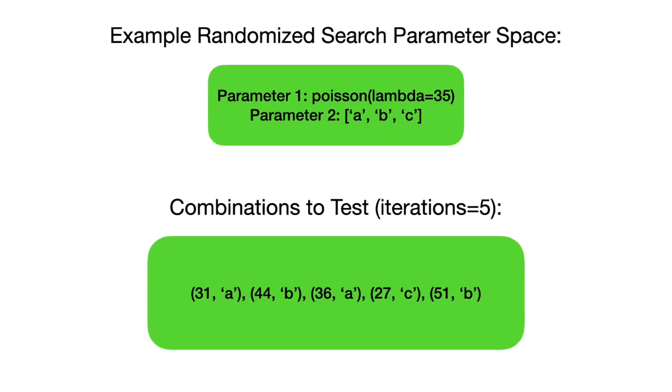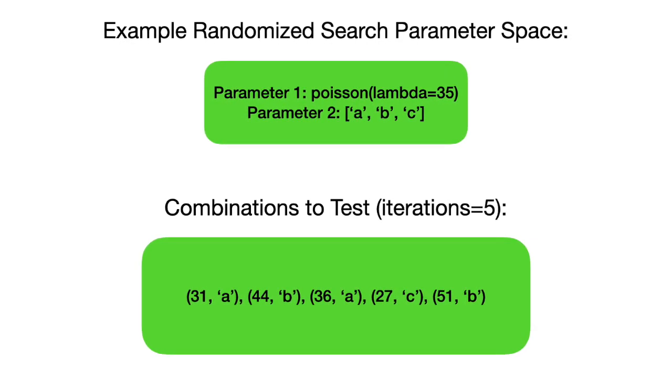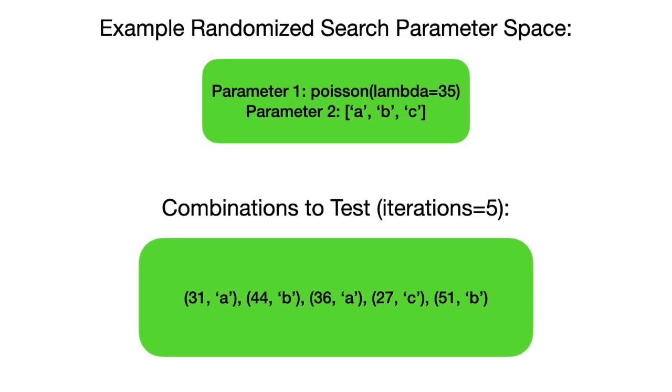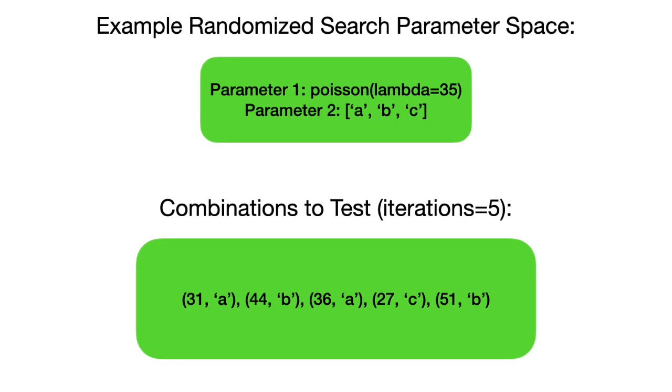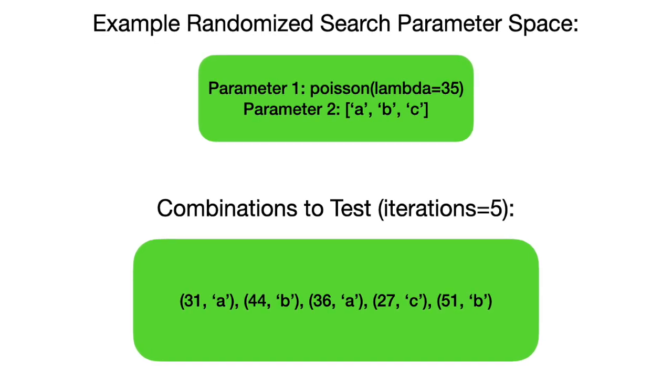One nice thing about randomized search is that instead of defining the possible parameters as a discrete set of possible values, we can use a probability distribution in order to define what the possible range of values can be.